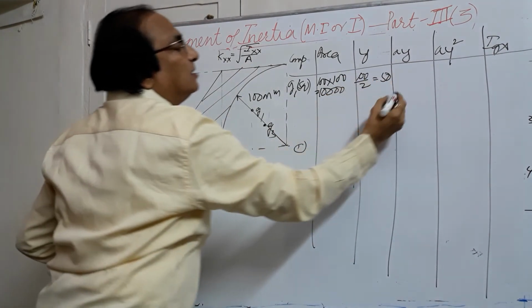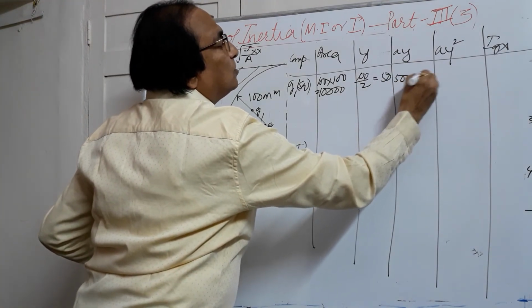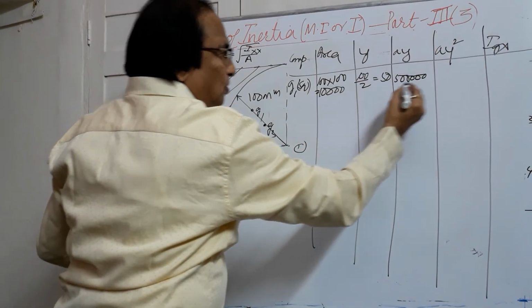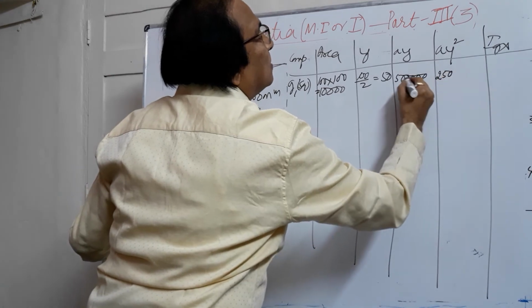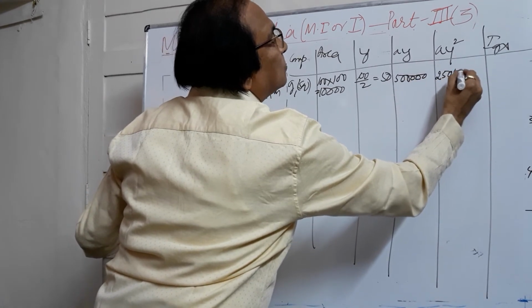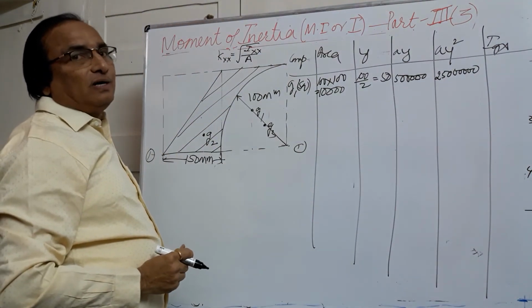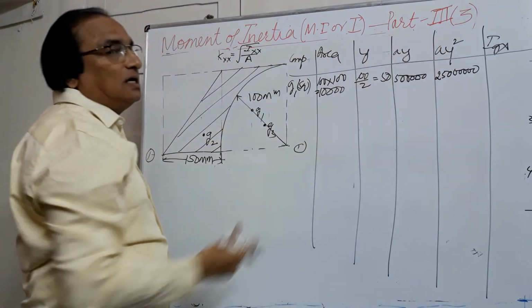If you multiply these two, you get 500000. Once again, if you multiply these two, you get 25000000. The big value is coming over there, so try to keep these last two columns bigger in size.